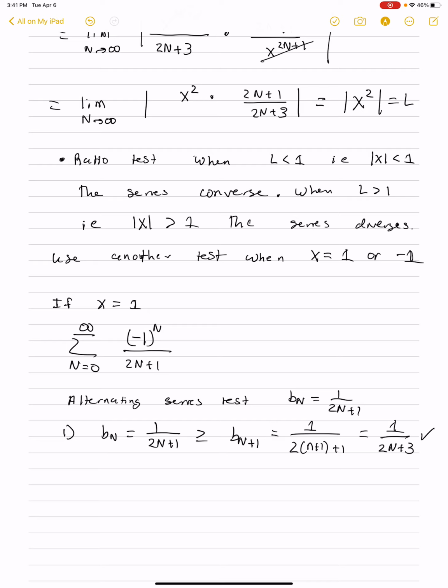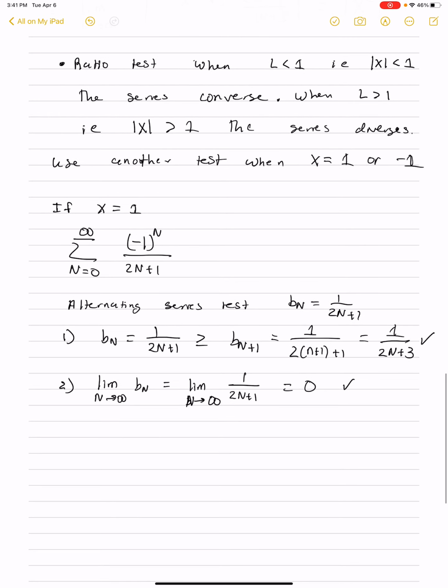So it's decreasing. The second thing is that this limit, as n goes to infinity of b sub n, is going to be equal to this limit as n goes to infinity of 1 over 2n plus 1. And that is 0. So it's convergent for x equals 1.